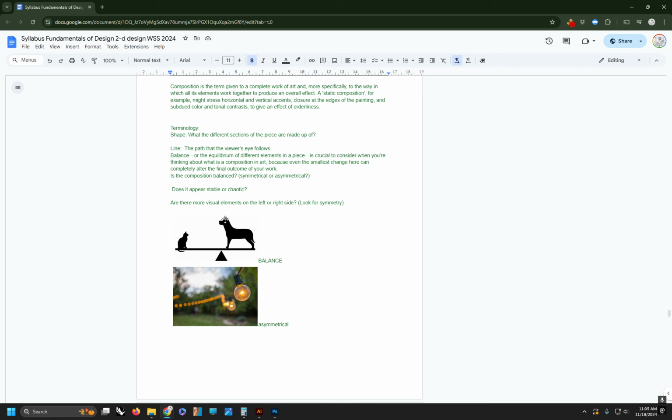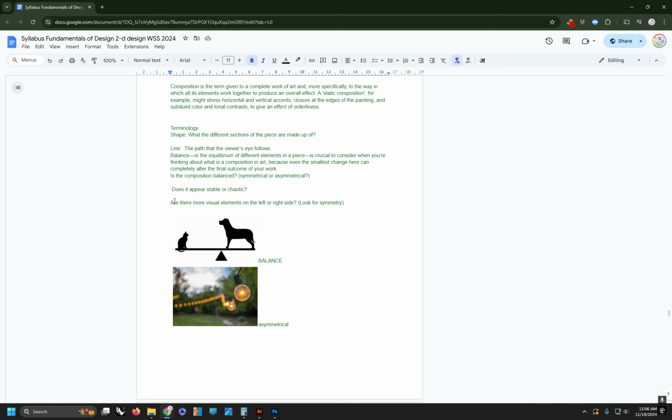For example, this dog shape, while it has many compound shapes, I could simplify into a squarish rectangle of a sort, and I could make this cat into a triangle. That's what we're talking about when we're talking about shapes: areas of space that have subjects that can be simplified into basic shapes.